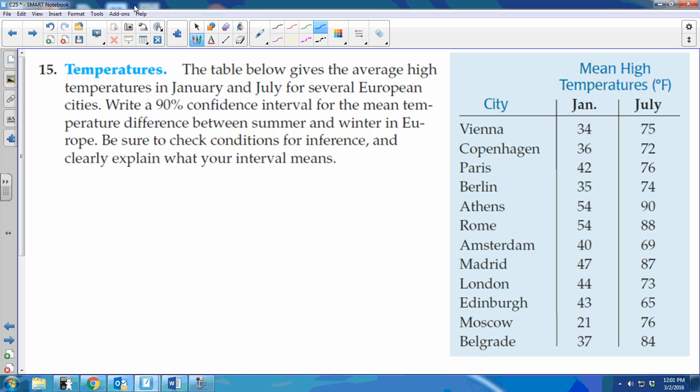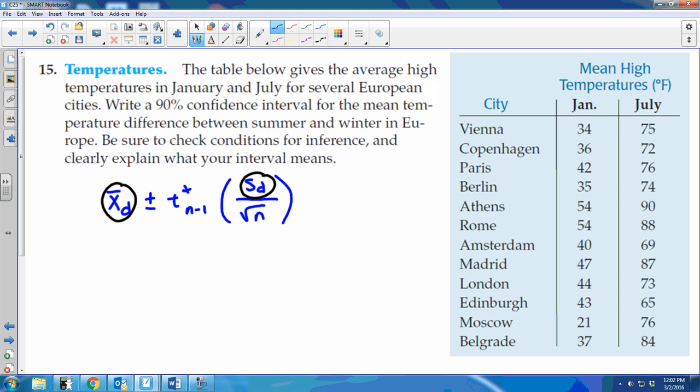Okay, so again, we're looking for the mean of the differences, plus or minus a critical value with n minus 1 degrees of freedom times the standard error of those differences. How am I going to find these two numbers?